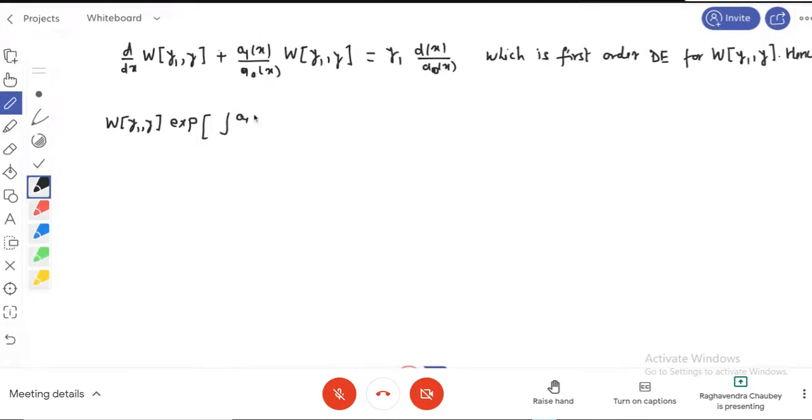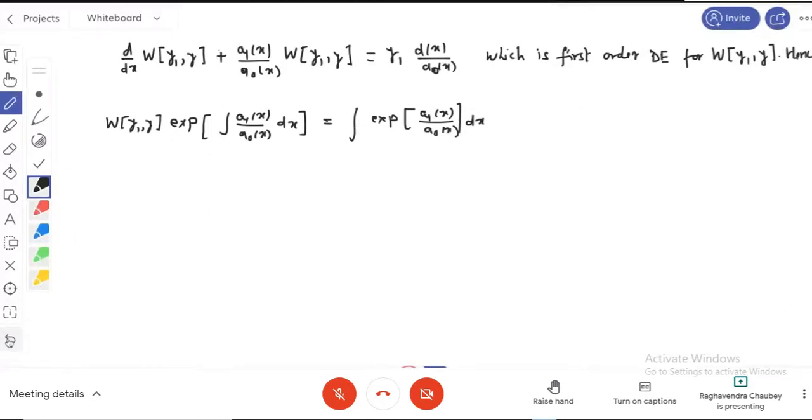This is your p, so a1 x over a naught x dx. And that equals the integral where q is this part, times the exponential of the integrating factor, that is the same one, e to the integral of a1 x over a naught x dx.